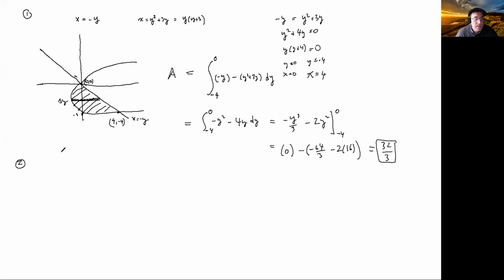Okay, let's get started. So it's y equals 2x and y equals x squared. That's going to bound a region, and it's around the x-axis. Bad drawing. Let me redraw that axis.